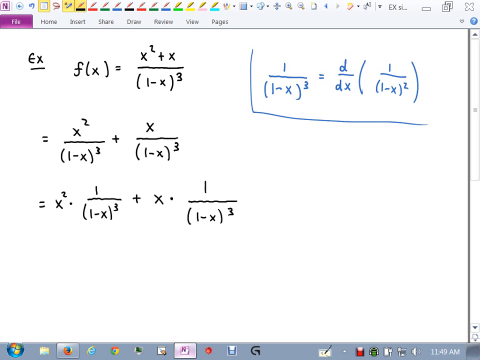So we said that this 1 over 1 minus x cubed is the derivative of this. Can we please go get the derivative of this right now? Actually, I should have said this is going to be equal to something. What was the power series representation? Don't take the derivative yet. Go back in your notes. What was the power series we came up with for 1 over 1 minus x quantity squared?